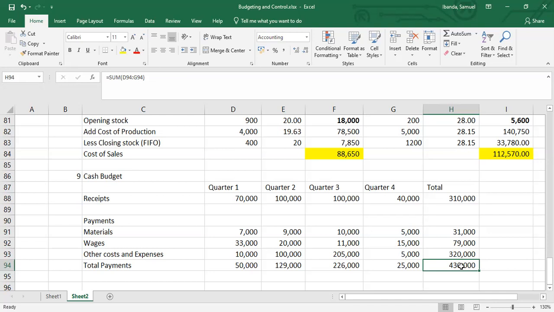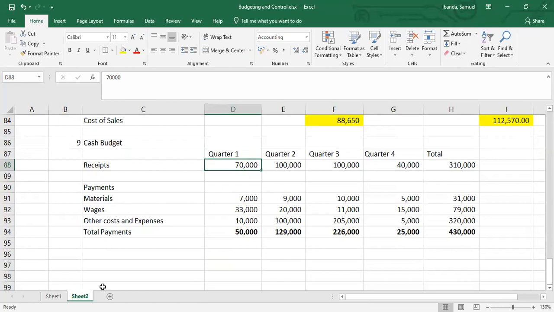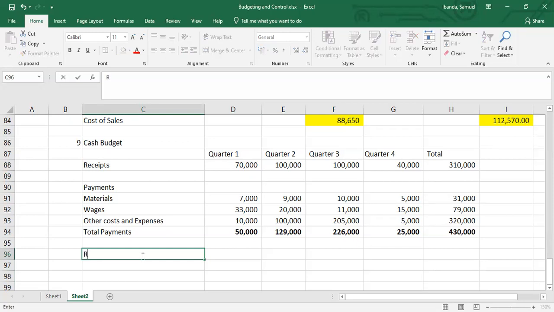Now that is what I basically do have. So mine is to look at these payments vis-a-vis my receipts. So right here, I'll get the difference, my receipts.